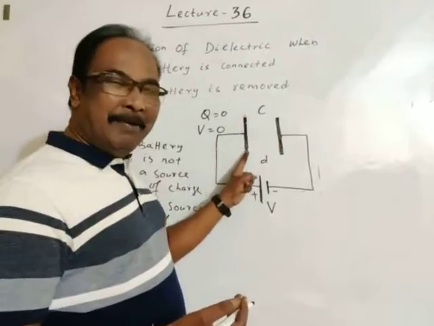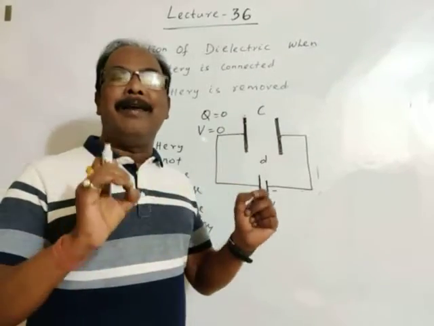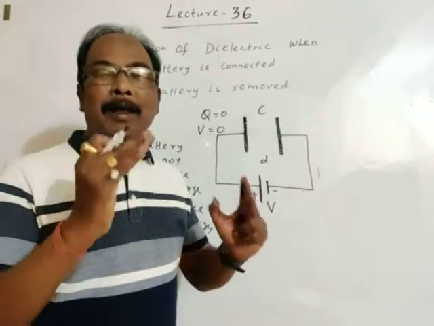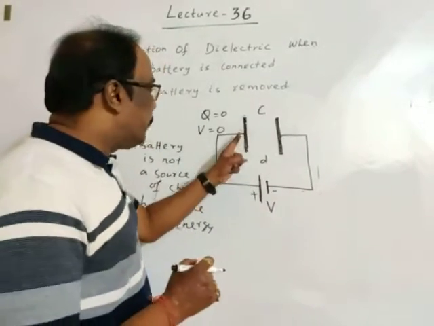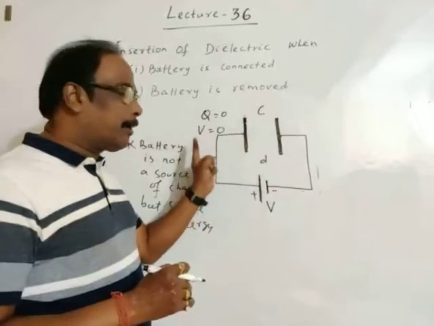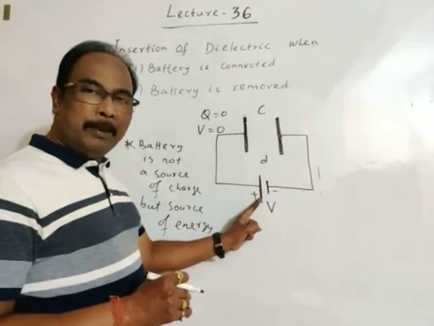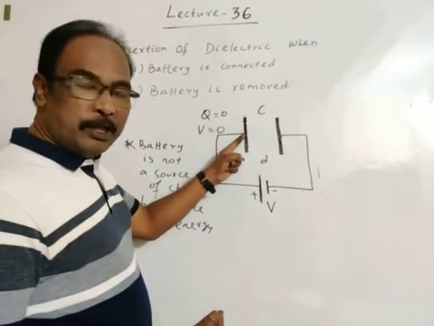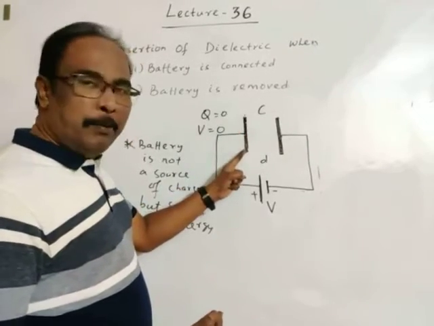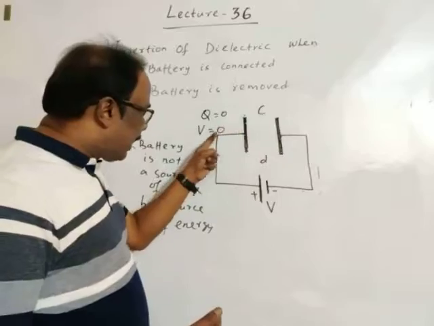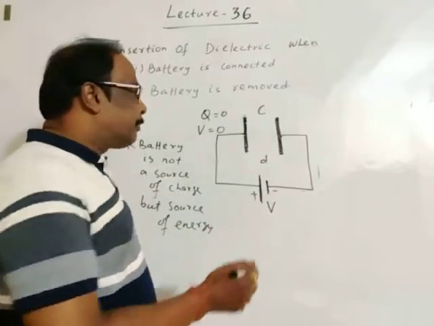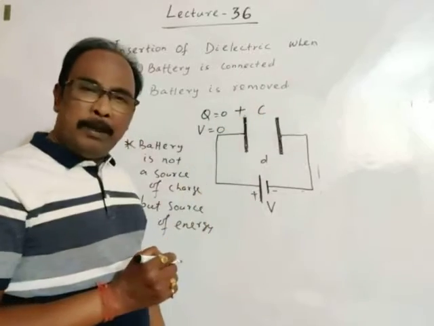This is a metallic plate, and a metal contains a high number density of free electrons. So electrons will be removed from this plate and get attracted towards the positive terminal. If electrons are removed, this plate will become positively charged.